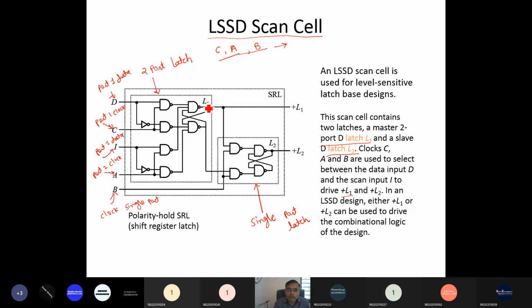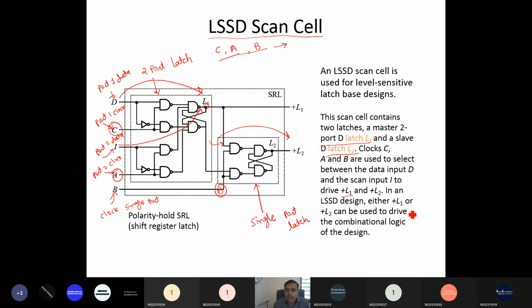Here this is the output L1, that is given to this other latch, the second stage latch. When we make B equal to high, B being the clock for the second stage latch, it transfers the L1 to the L2. And when C is equal to high, it transfers the D to the L1. And when the clock A is equal to high, it transfers the I to the L1.